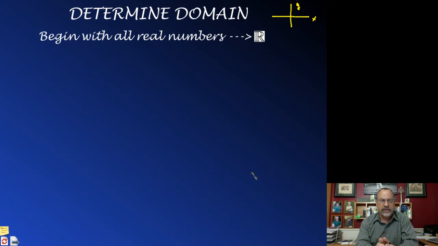That line represents all real numbers, all the positive ones, all the negative ones, all the fractions, all the integers, all the irrational, all the rational. So when you draw that one line, that's what you're actually drawing. You're drawing all real numbers. And then we'll go along this number line and we pick different numbers and we substitute them into the function. So we begin by assuming that we can use any of these x values that we want.